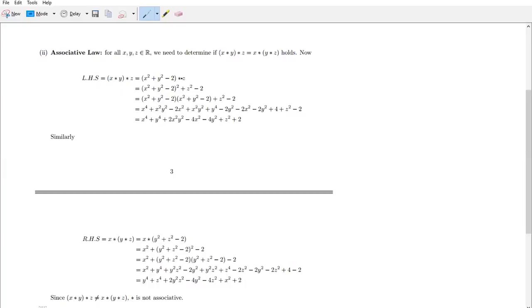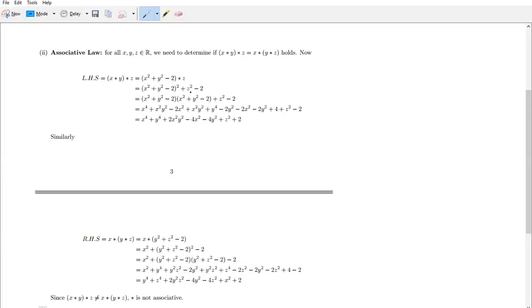So what you do now, you work out this part, this side alone. So meaning this one will be your first character, rather your first digit, and then z will be your second digit.